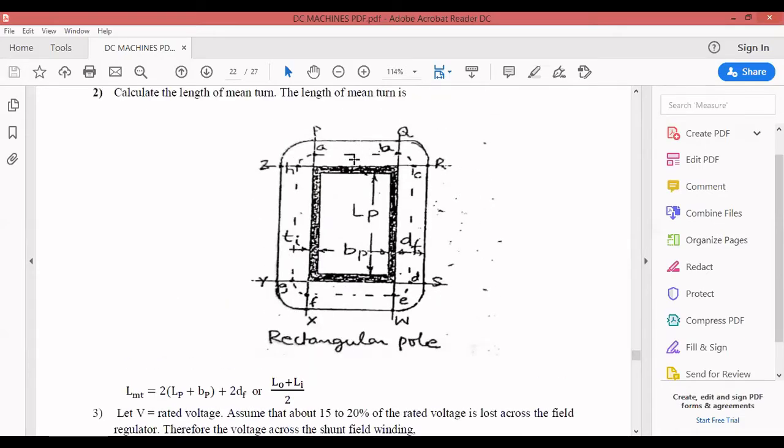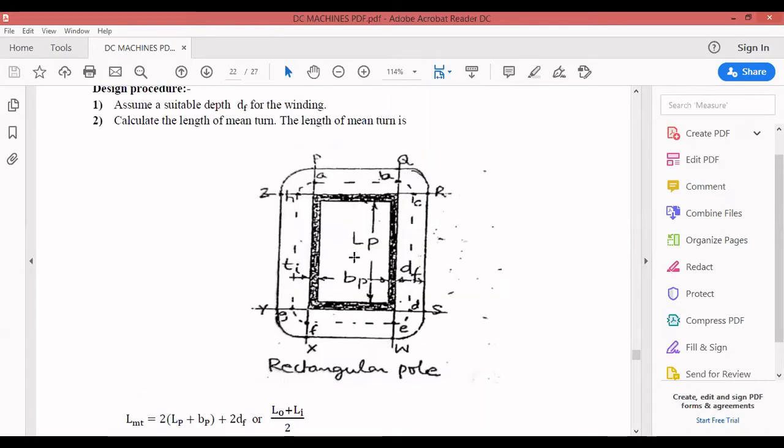So for the length of mean turn you consider this dotted line, exactly half between the inner turn and the outer turn. I've marked the points a, b, c, d, e, f in small letters. So the length of mean turn is a-b, c-d, e-f, and g-h. That will be your length of mean turn.